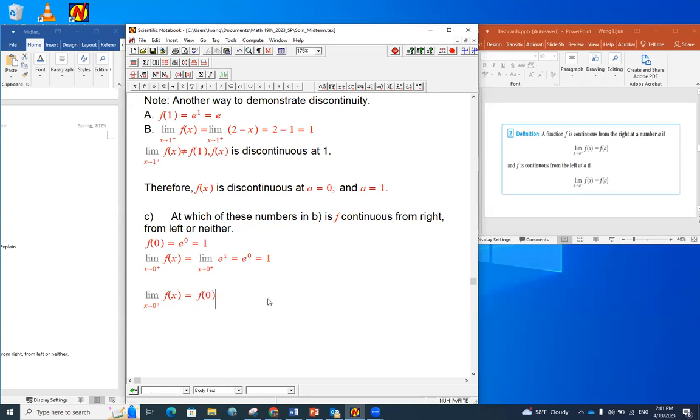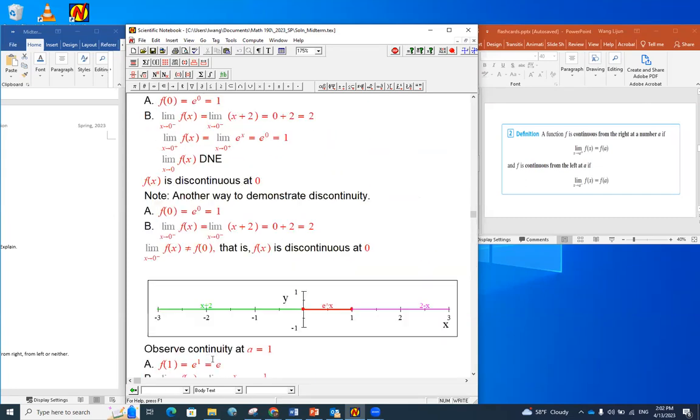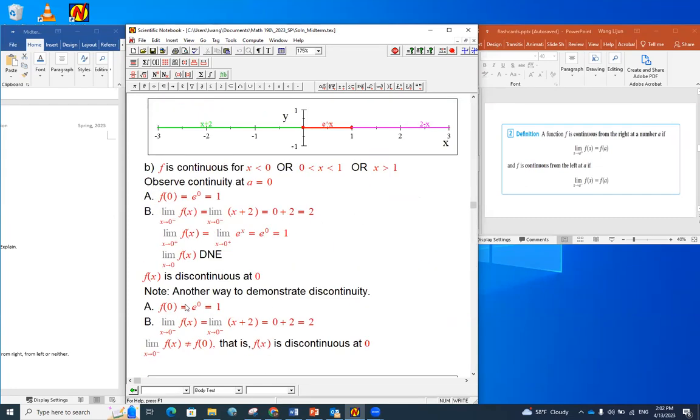So then what you say is that f is continuous at 0 from the right. Is it continuous from the left? No, it's not, because we just did, it's 2. That's not the same. The limit from the left is not equal to 1.